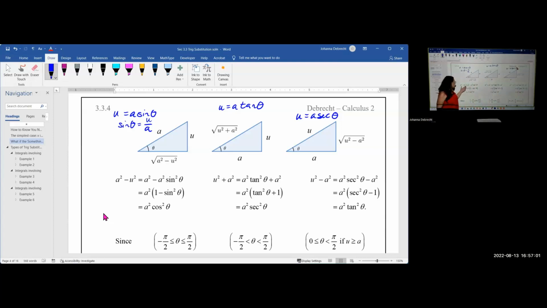So we start back over with those definitions, and we use our substitution factors right here to replace u squared. This will give us a common factor of a squared, which factors out and gives us cosine squared. So we've gone from something in terms of x to something in terms of theta, and from two terms to one term. And you'll see that happening in all three cases.